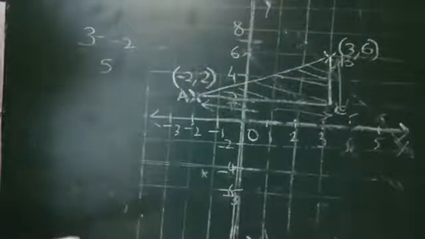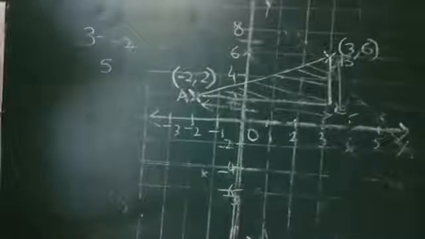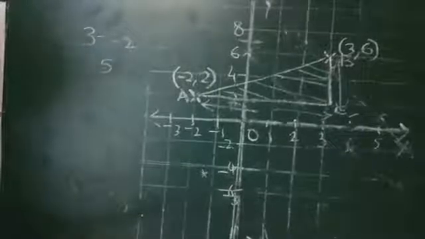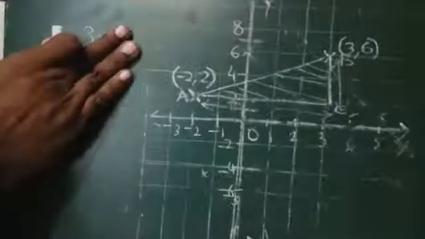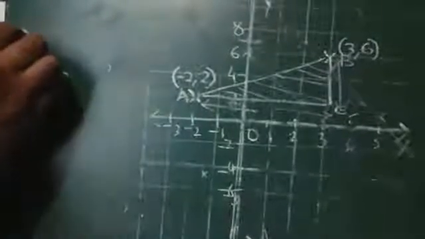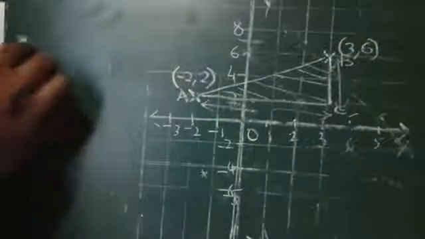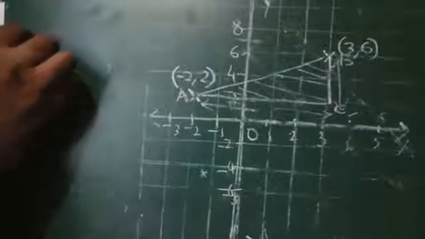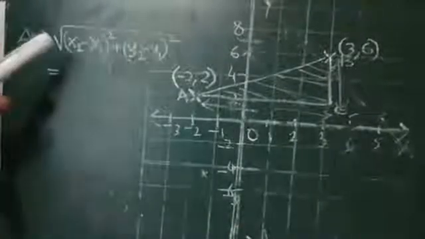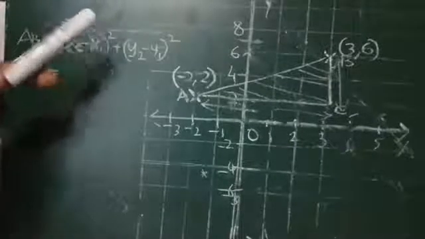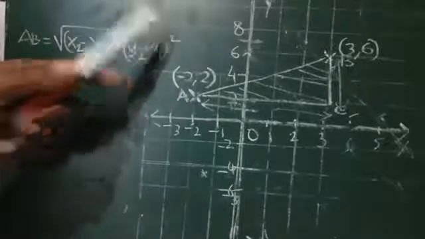Instead of that, if we use the formula as a shortcut, easily we get the answer. Like AB is square root of x2 minus x1 the whole squared plus y2 minus y1 the whole squared.